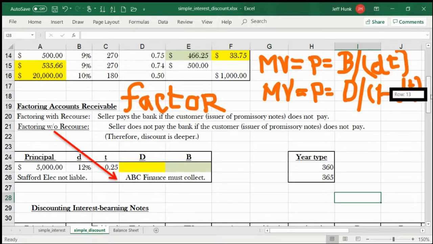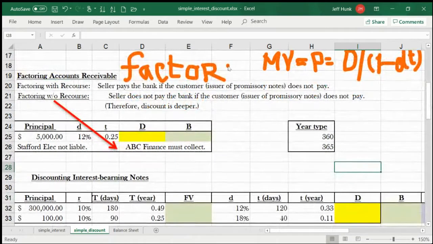But first of all, factors, right? Factors like ABC Financial. These are the financial companies that specialize in buying these promissory notes and discounting them to the company that is selling them, because the company who sells these promissory notes is, as I said, in a cash flow problem.